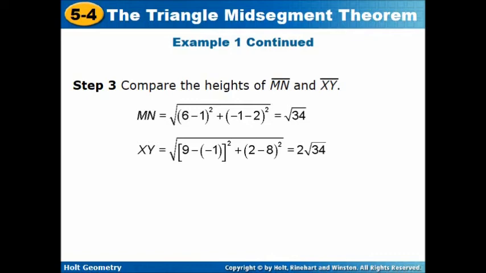Even though you're dealing with the square root of 34, MN is actually half of the length of XY, because XY is 2 times the square root of 34. So since the square root of 34 equals 1/2 of 2 times the square root of 34, then MN equals 1/2 of XY.